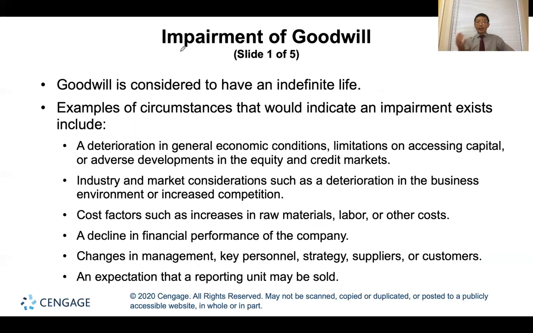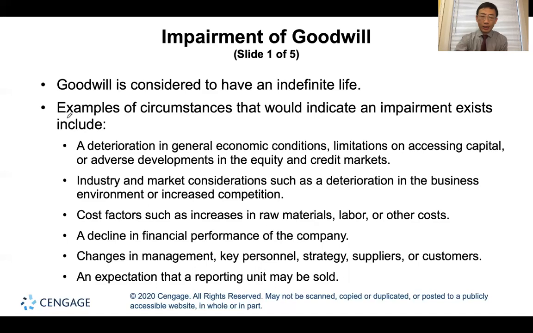Also, goodwill has an indefinite useful life, so we need to review impairment at least annually. If the fair value decreases below its carrying value, its book value, we need to recognize the impairment.